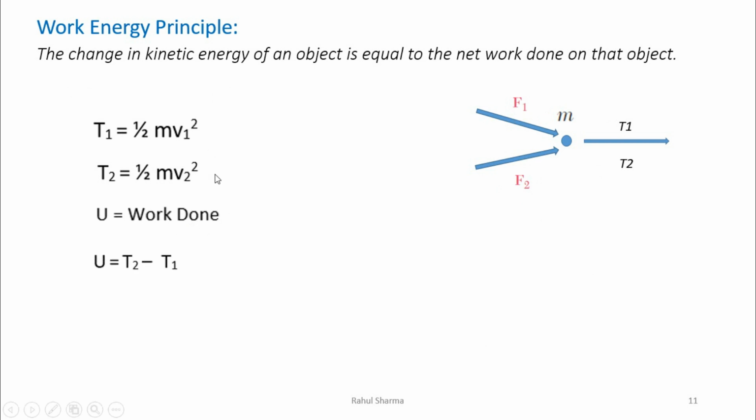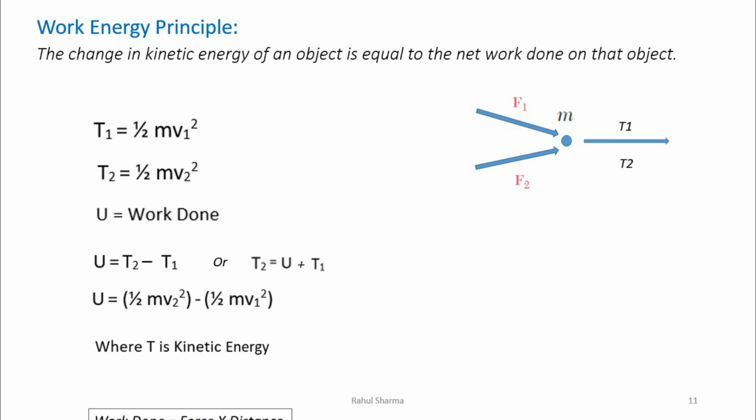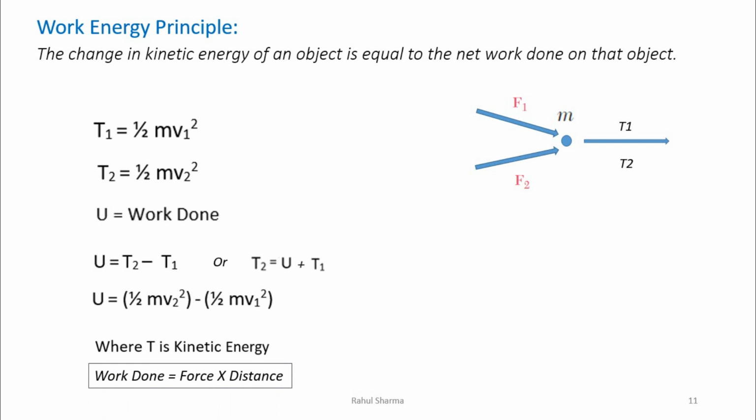So according to that, we can say the work done will be equal to change in kinetic energy. So it means T2 minus T1, or we can say the final kinetic energy will be work done plus initial kinetic energy. So you can have the equation U is equal to half mv2 square minus half mv1 square.